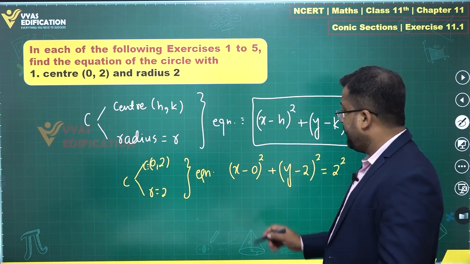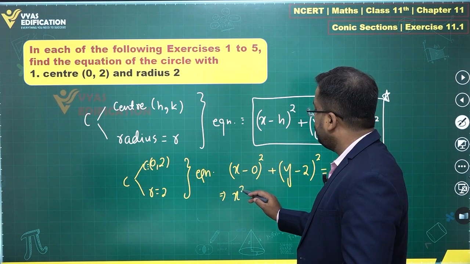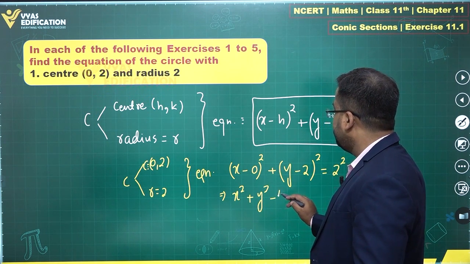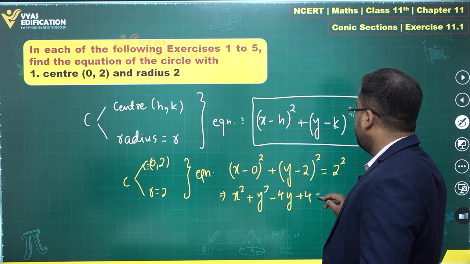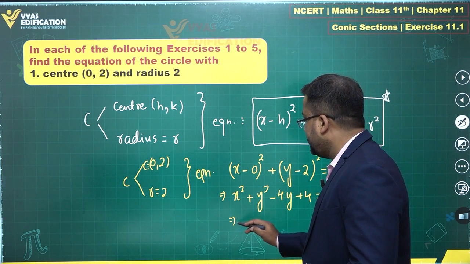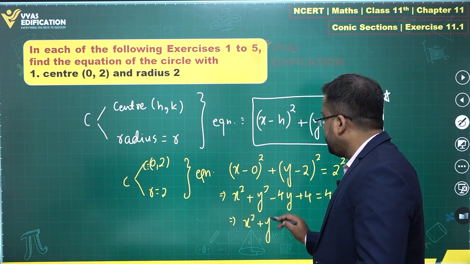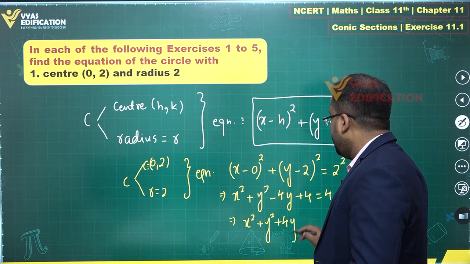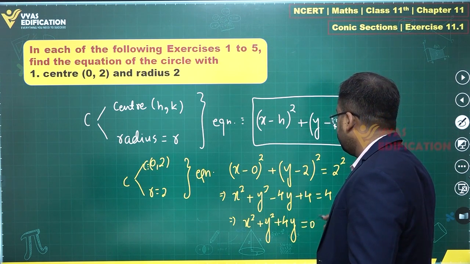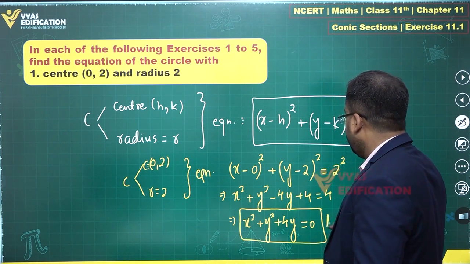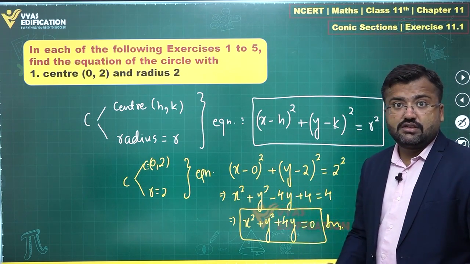That's the equation. Let's simplify this further. This is x square, y square minus 4y plus 4 is equal to 4, which further simplifies to x square plus y square minus 4y equals 0. This is what you get, and that's the answer for this simple question.